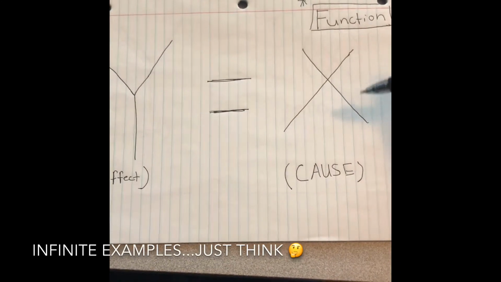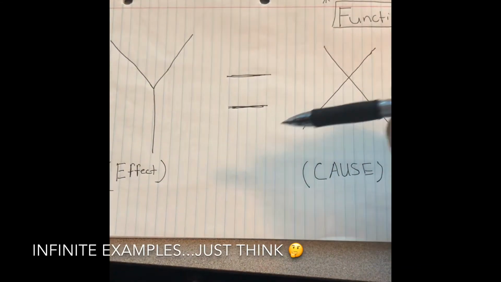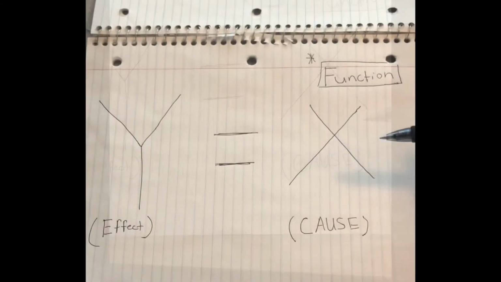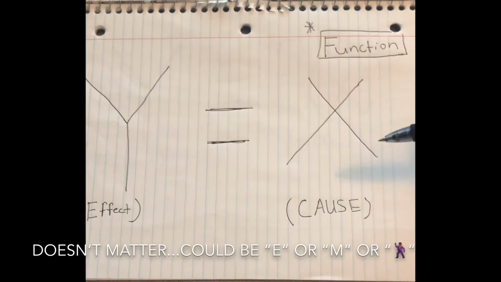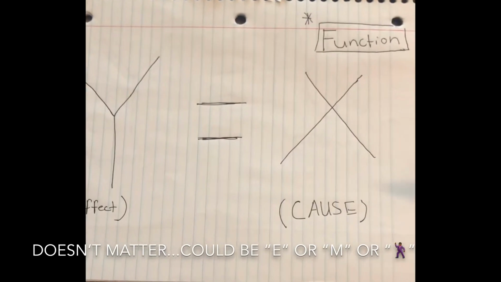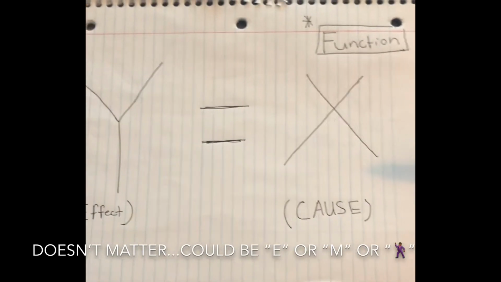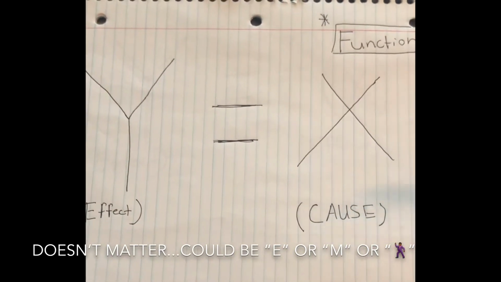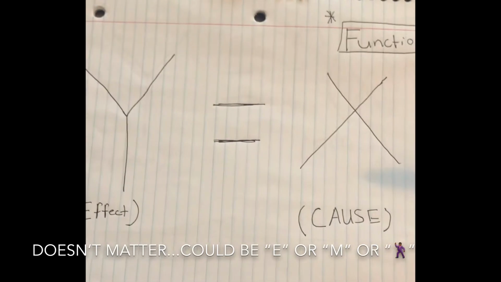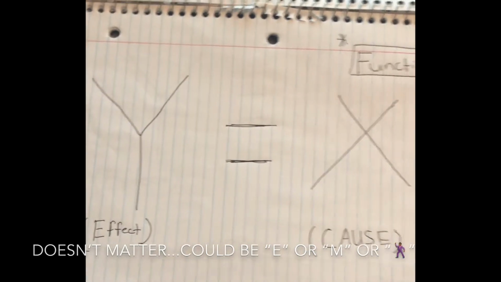If I punch you in the arm, the cause, that's going to equal you punching me back, the effect. That x and y are just variables. I don't know why they use x and y, maybe because x comes before y, I don't know. But you don't have to use x and y. It's just common in math for them to use x and y. You can use whichever variables you want.